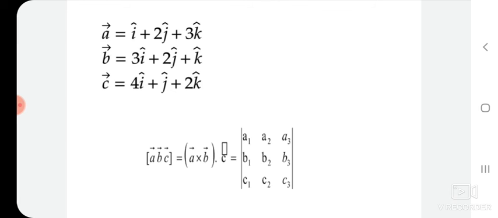The scalar triple product A dot B cross C is equal to the determinant of A1, A2, A3, B1, B2, B3, C1, C2, C3, where A1 is 1, A2 is 2, A3 is 3, B1 is 3, B2 is 2, B3 is 1, C1 is 4, C2 is 1, C3 is 2. If we substitute those values, tell me the final answer in the comment section. This is one problem for homework, for your practice.